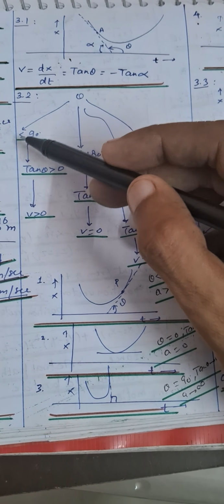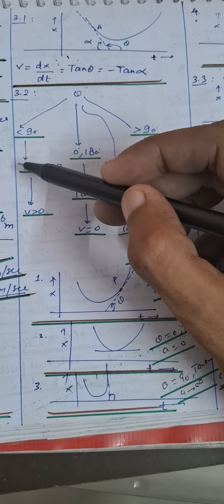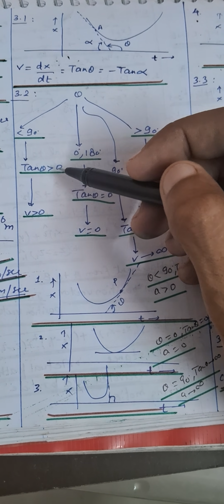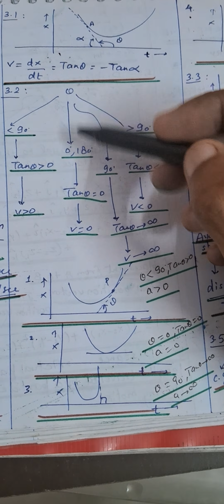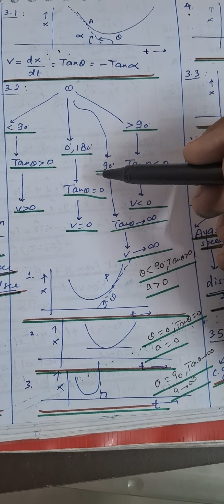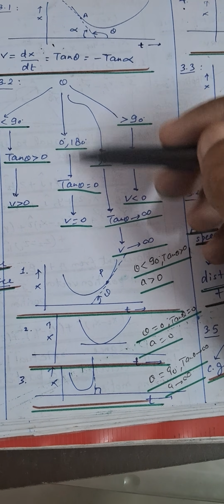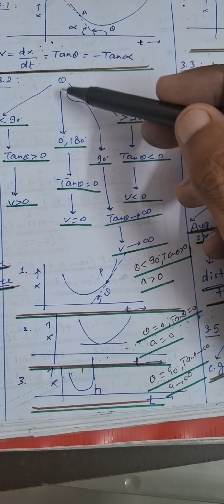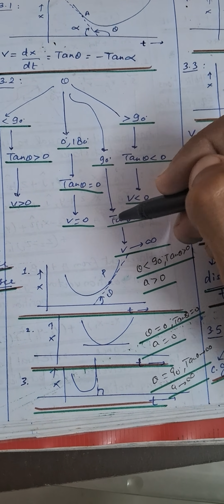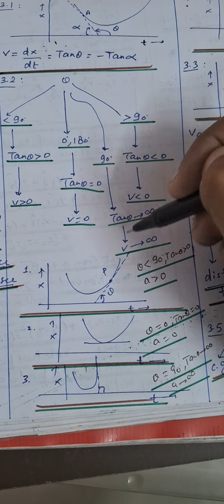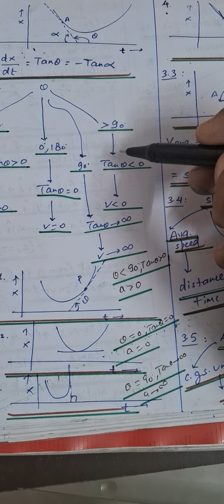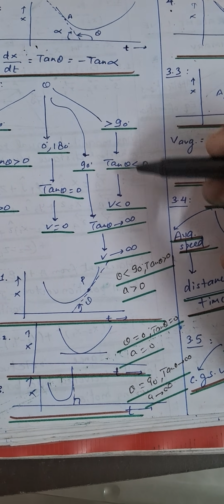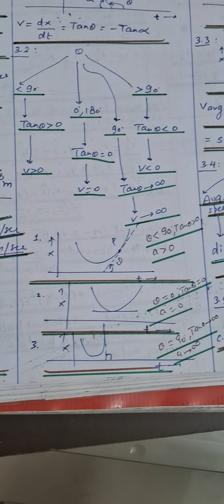If theta is less than 90, or acute, then tan theta will be positive. That makes velocity positive. If theta is 0 degree or 180 degree, tan theta will be 0, so velocity will be 0. If theta is 90, then tan theta will tend to infinity, so velocity will also tend to infinity. If theta is greater than 90 degree, tan theta will be negative, so velocity will be negative.